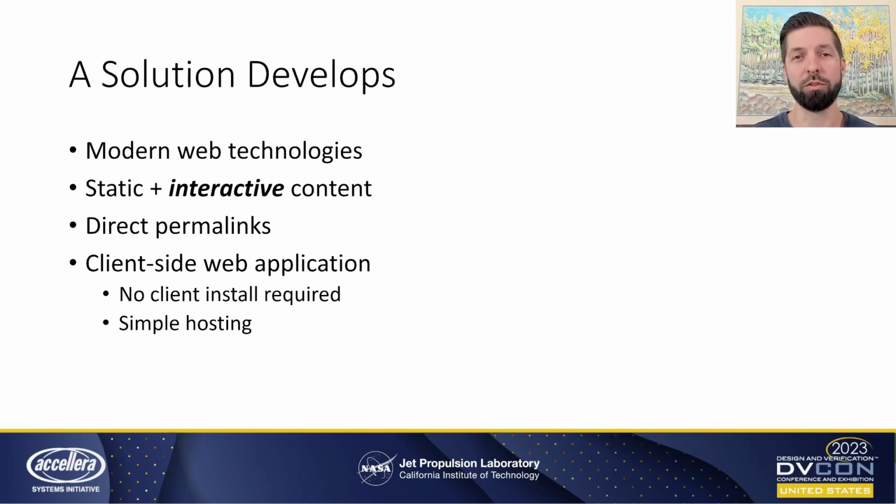So we can have a mix of both static and interactive content on the same page. And we can do this fully on the client side. We don't need any code running on the server. We can do it all within the web browser because of those three things: HTML, CSS, and JavaScript.